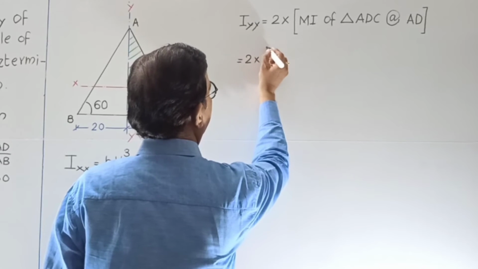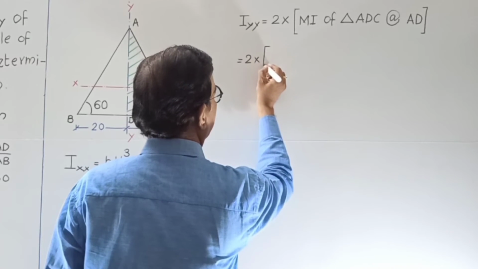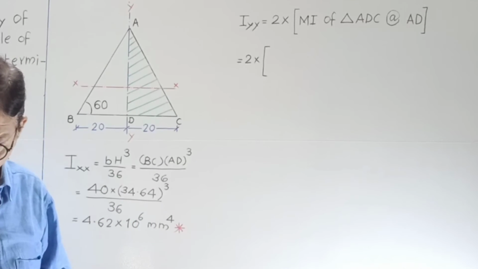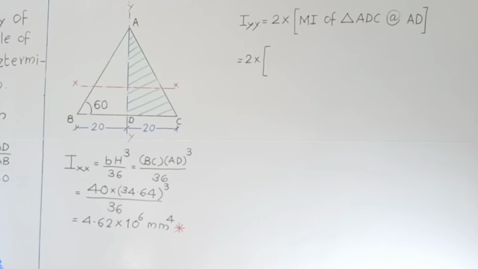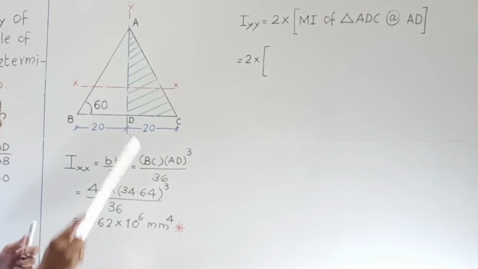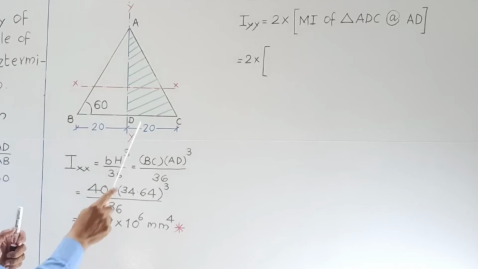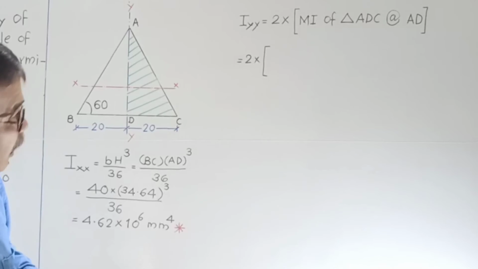2 into bracket. What is the moment of inertia of a triangle about its base? It will be BH cube by 12. Now what will be B here? Because we want to calculate about AD, B will be AD and H will be DC.